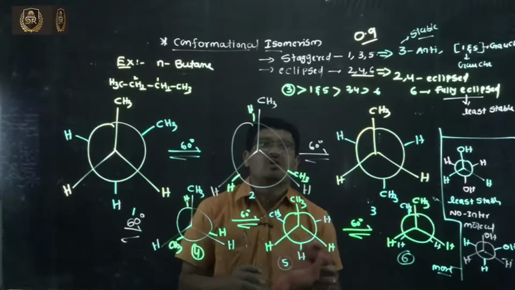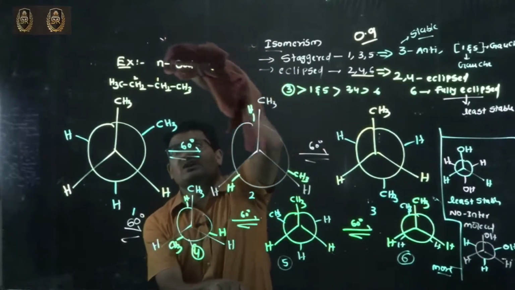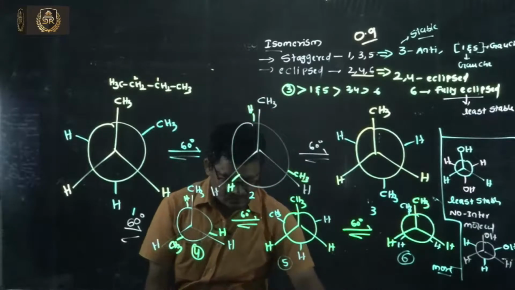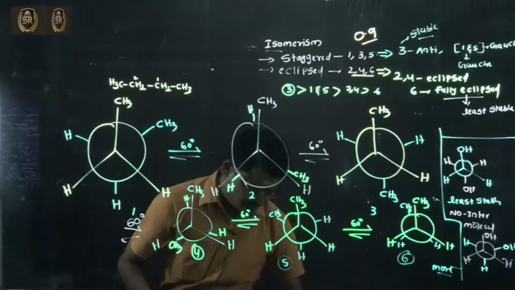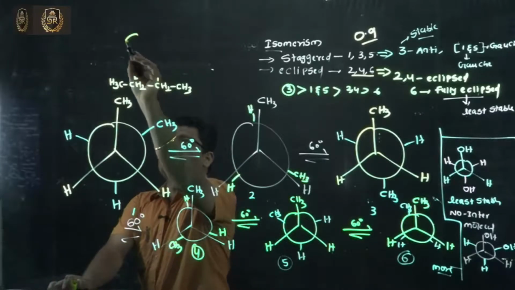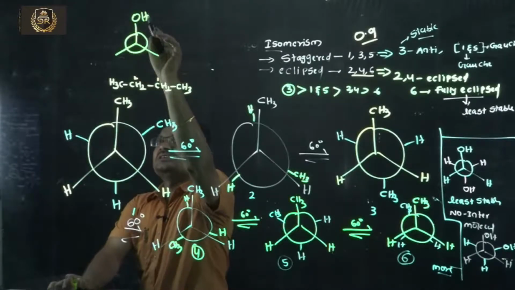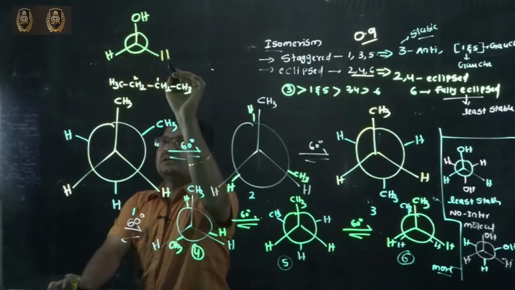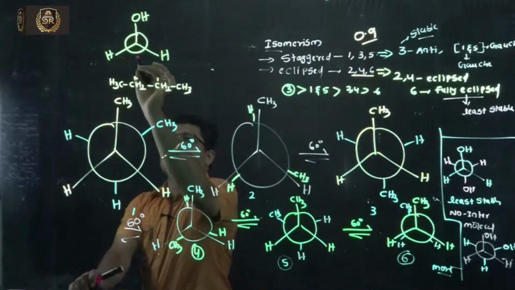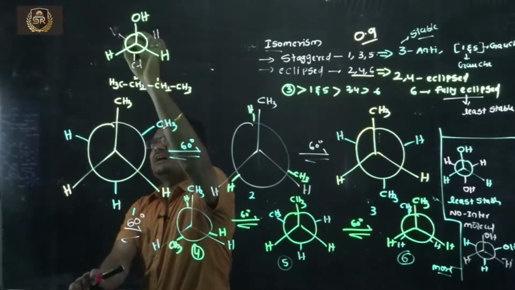One more example for this. Among these, which one is stable and which one is not stable? See, for example, OH and Cl. This side OH, this side H, this side H. Now, this side chlorine, this side chlorine, this side hydrogen, this side hydrogen.